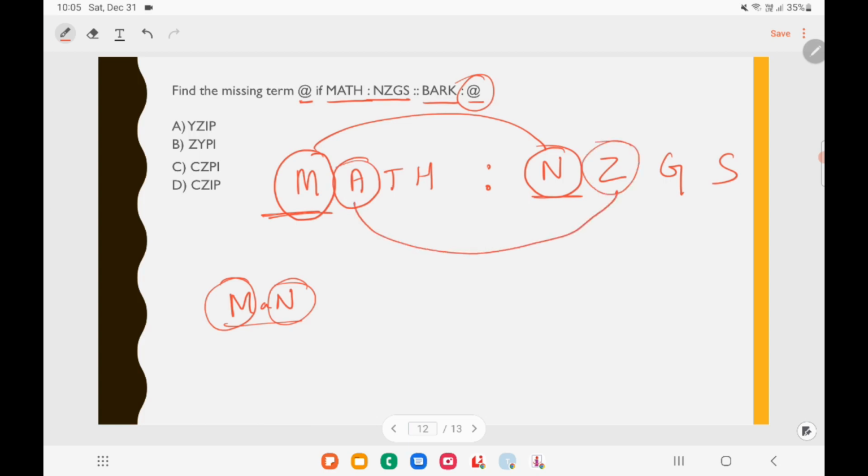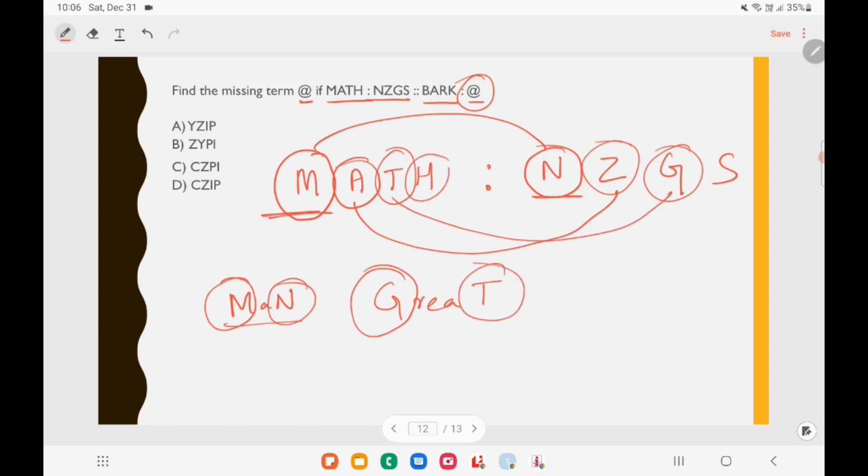That means here also A to Z is the reverse coding. Then T and G, I have already told you the word great. That means G and T are coded in the reverse order. Then H and S, I have already told you the word higher secondary. So H and S are coded again in the reverse alphabetical order.